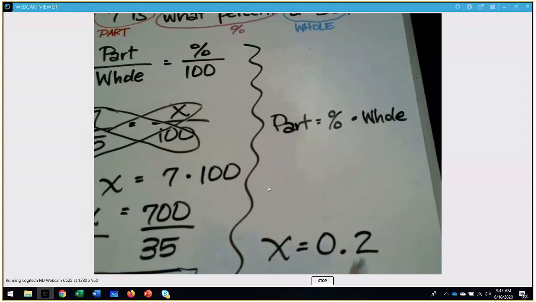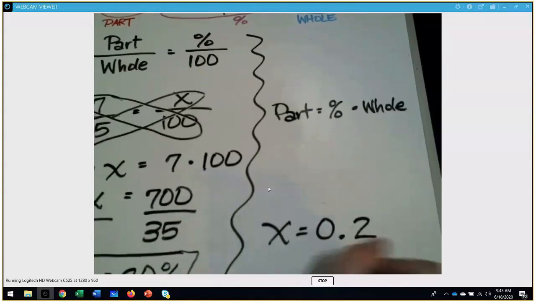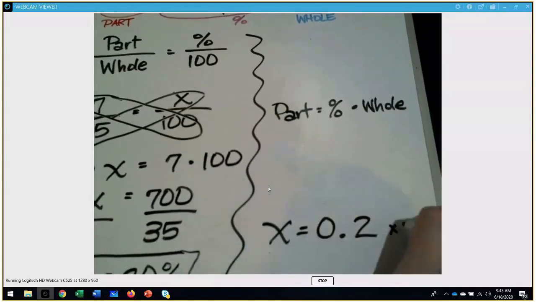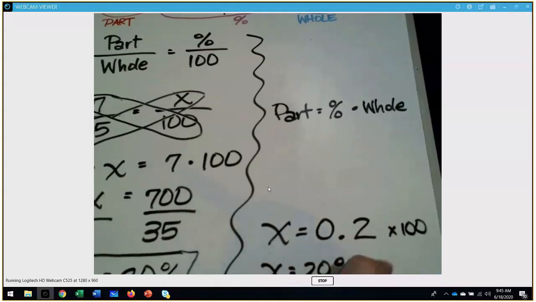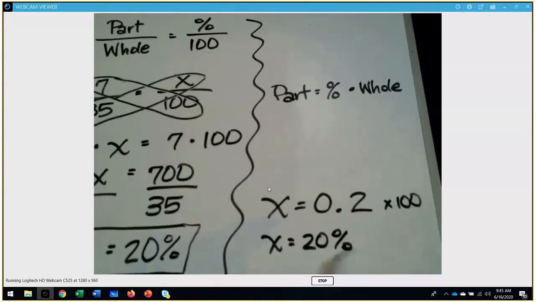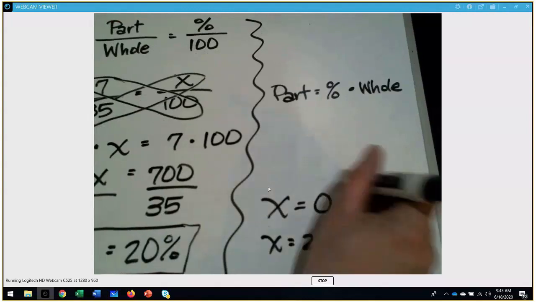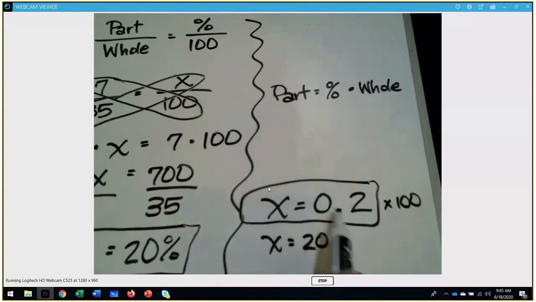And it also means you're going to get decimal form when you're done, if you're solving for it. So you have to know to convert it back. Okay, it should still come out as 20%, but some people give me this as their answer. You did not change to percent form then, if that's what you did. So you got to remember to go back.